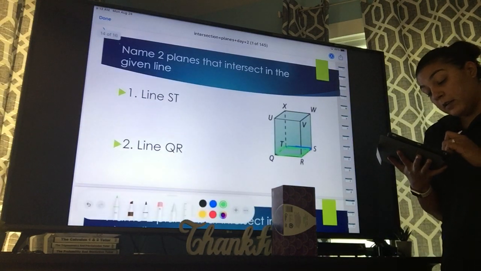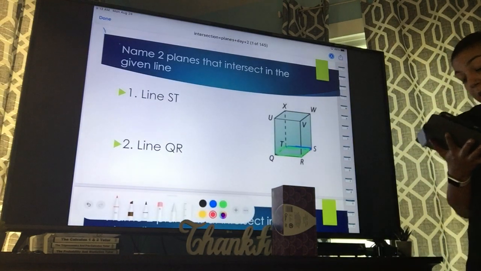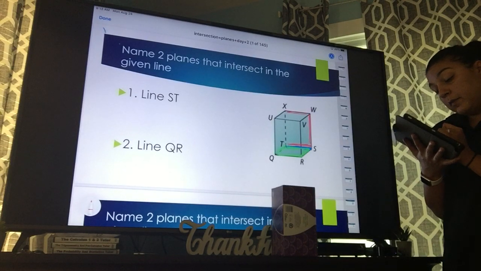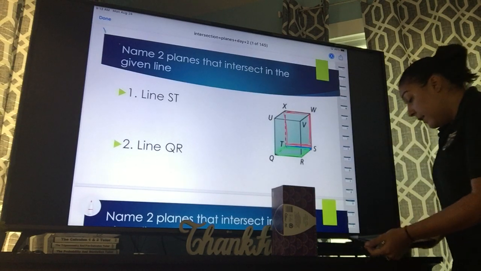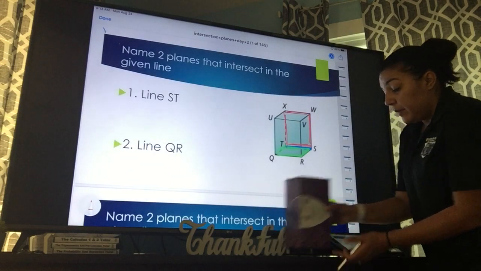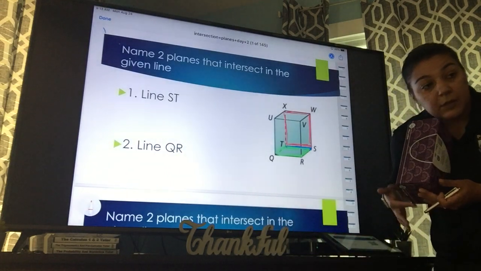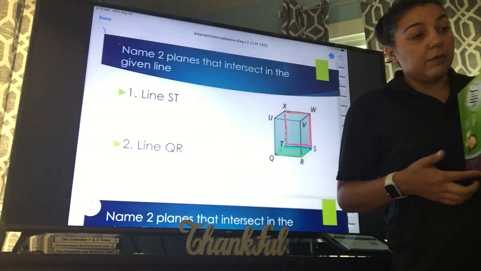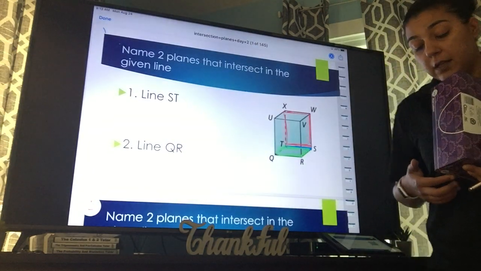And then another one is going to be ST. And we could say this back one up here. Okay, the back side, because this is the line that they're talking about, this very back side of the Kleenex box. If you're looking at it back here, okay, it's the back side of the Kleenex box.